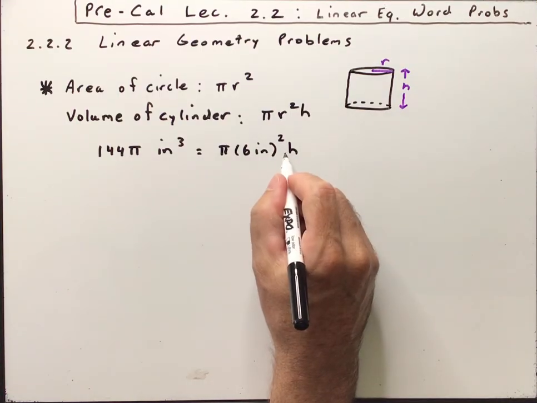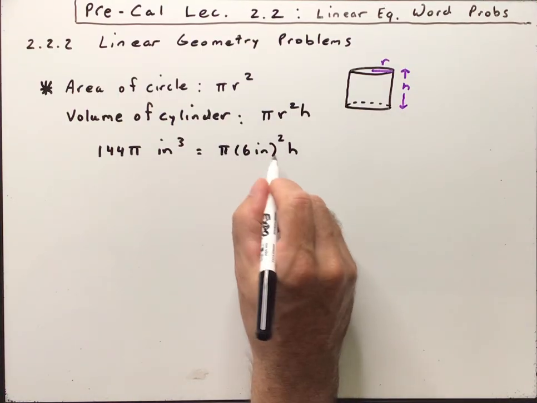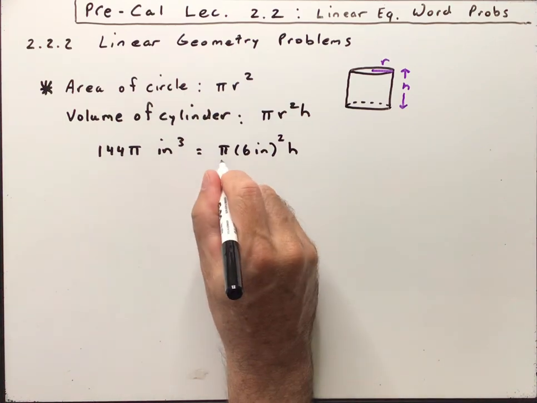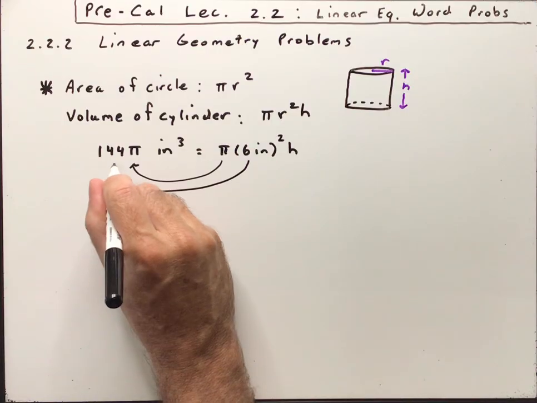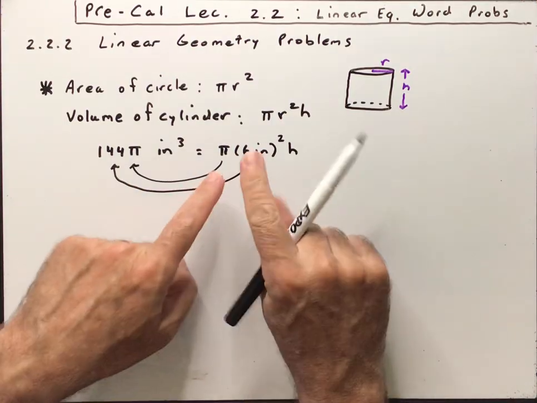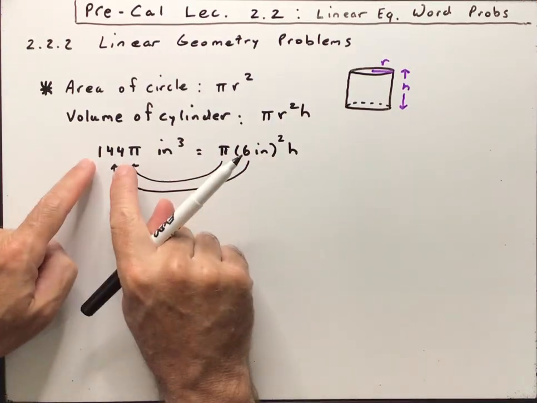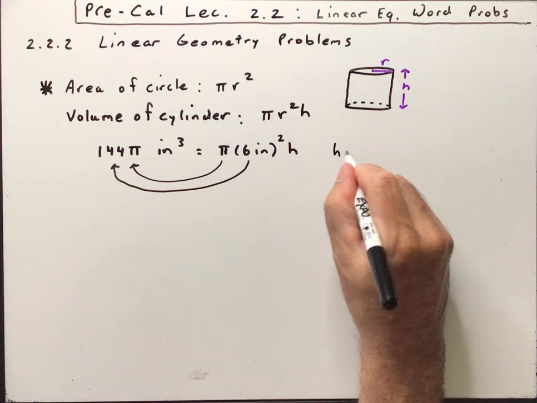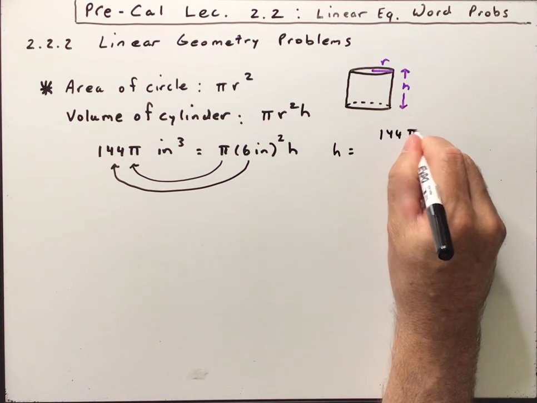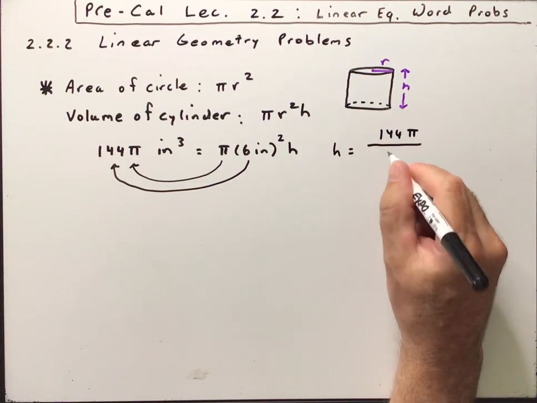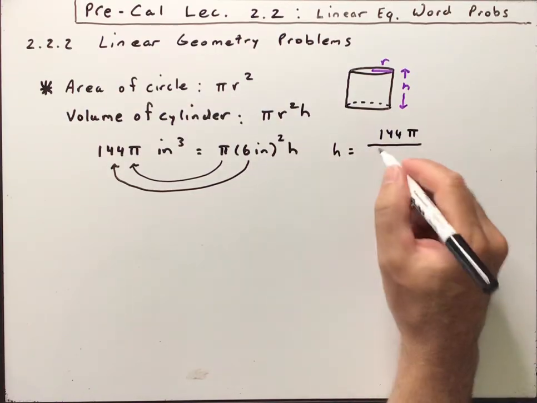Alright, so solving for height, what we're going to do is divide. We're going to bring the pi and the 6 squared underneath to solve for h. So h is 144 pi over 6 squared is 36, right?